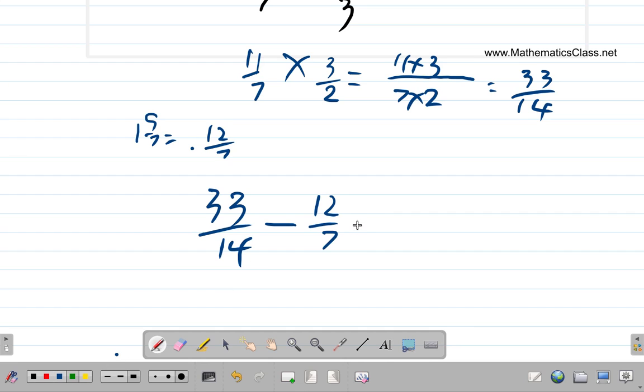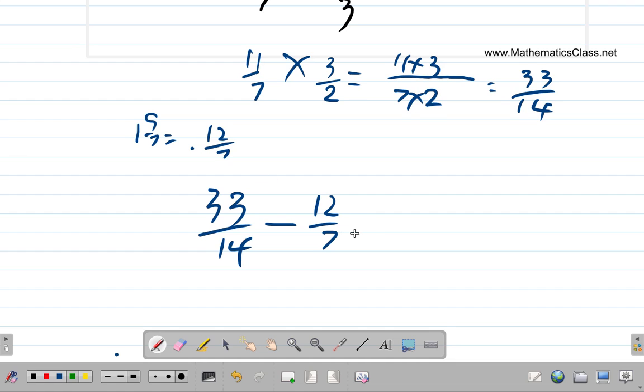With common denominator, it means you have something over the same number. This is 33 14ths, but this is 12 7ths. And if you have some 14ths, you can't minus it from some 7ths. It must be 14ths and 14ths you minus. If you have 5/14 and you take away 2/14, you have 3/14 left.